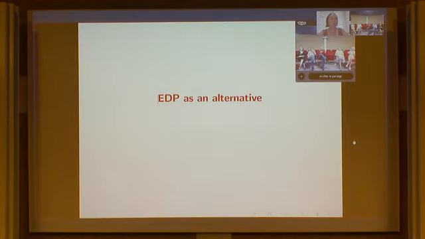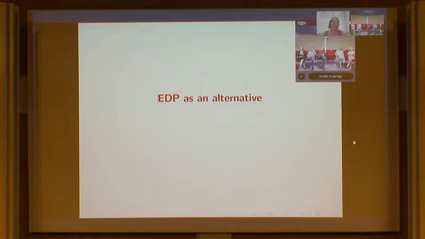All right, so maybe a few words about EDP now, and then we can continue discussing a little bit. So EDP as an alternative. I was doing this work with differential privacy and trying to have more complicated models. I see some people have gotten good success with it, but for me, it wasn't working very well. It was hard to get a handle on these sensitivities and to get good answers.